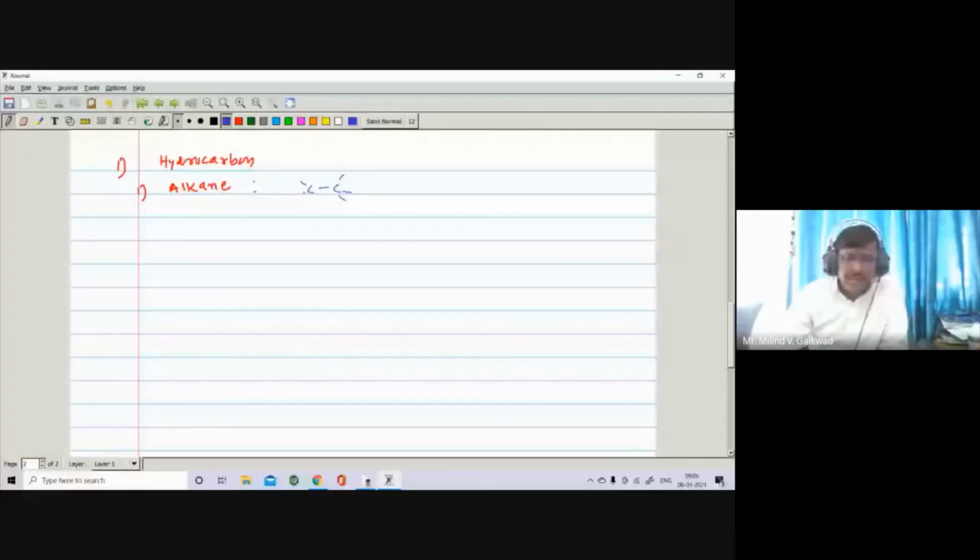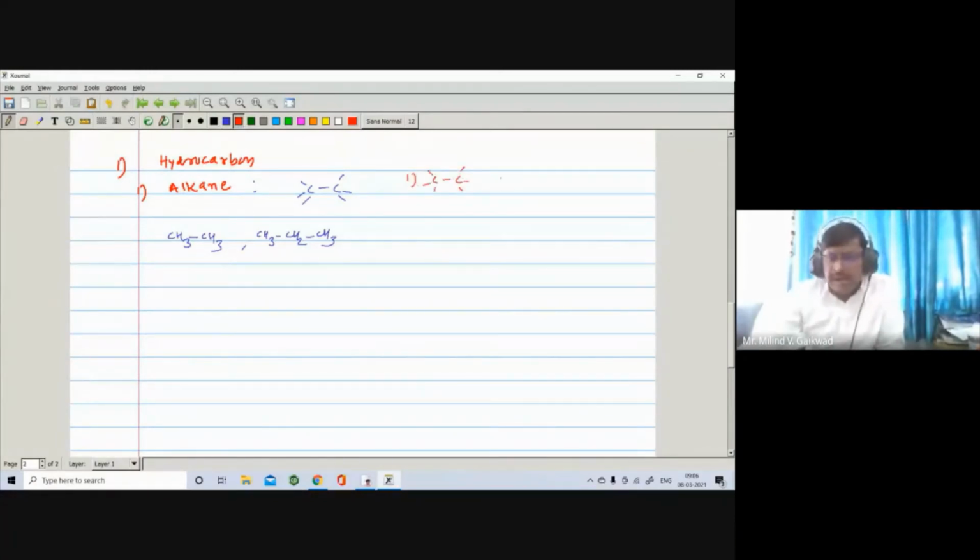For example, here is CH3 and CH3. Another example, we can take CH3, then CH2 and CH3. In these two examples, you will see that the important band, the carbon-carbon single bond, is common for all, and we have learned it appears at 1100 centimeter inverse, right?